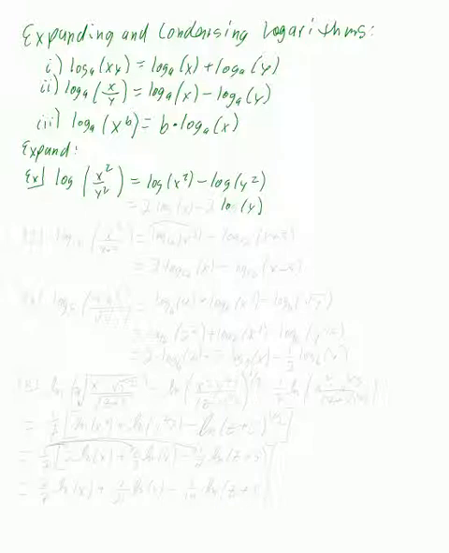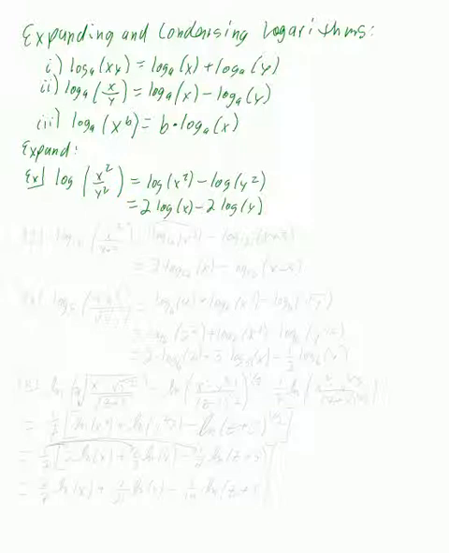Now I'm going to apply the third rule and bring that 2 down: common log of x minus, and now I'm going to bring the exponent down from the y to make that 2, and the common log of y. So that would be completely expanded, as expanded as we could make it.